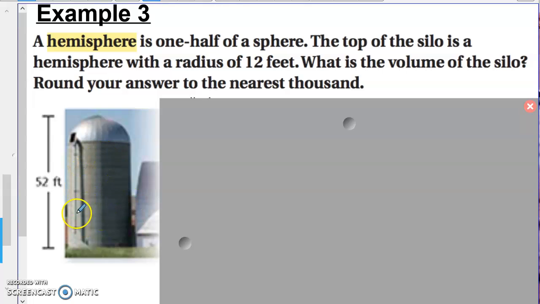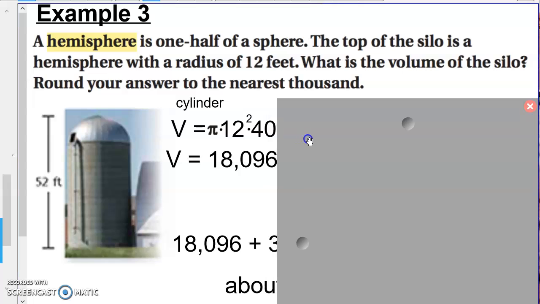So we have a cylinder down here and we have a hemisphere up here, and I need to find the volume of both parts. Now they give me that this height here is 52, but that goes all the way to the top. But if I'm going to find the volume of the cylinder, I just need from there to there. So I actually have to subtract 12, because from there to there, that would be a radius of 12, which is what they give me.